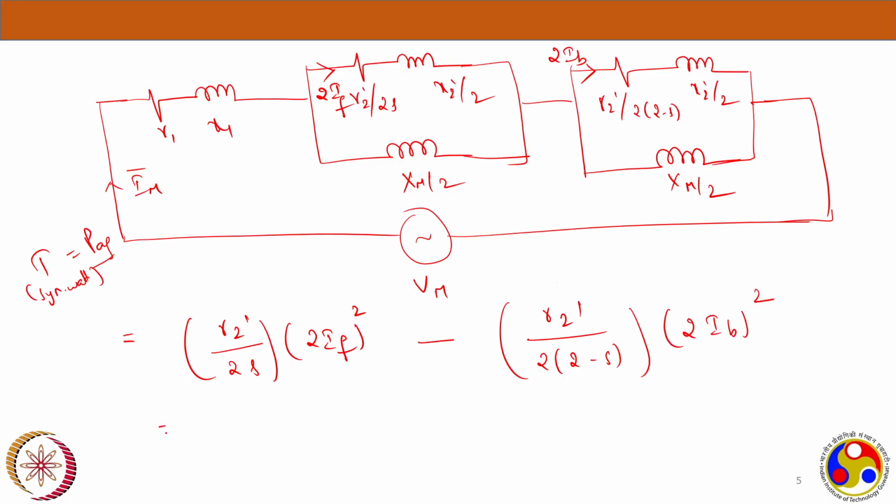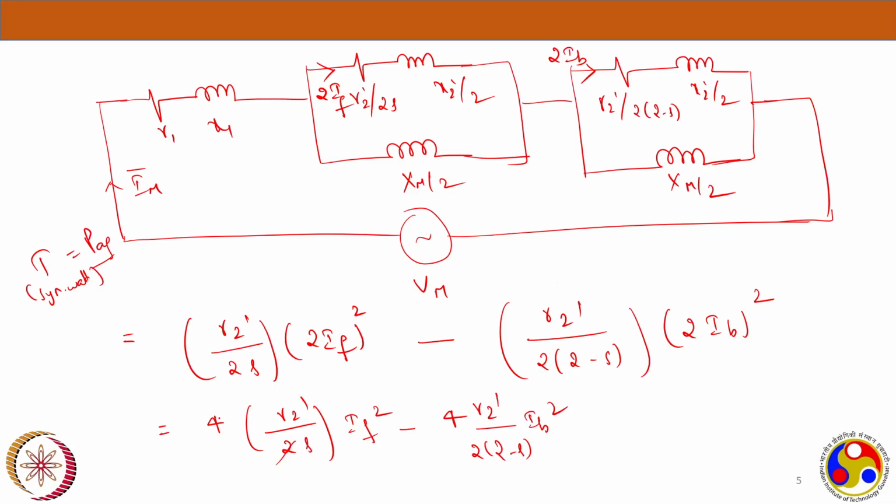If you bring this outside, now we have 4 times R2 dash by 2S IF square minus 4 times R2 dash by 2 into 2 minus S IB square.